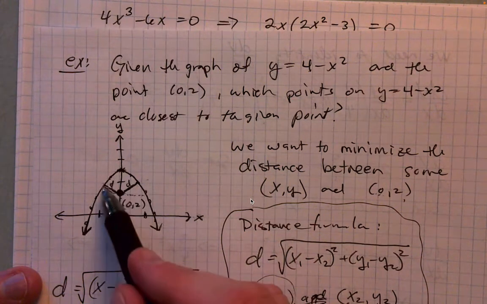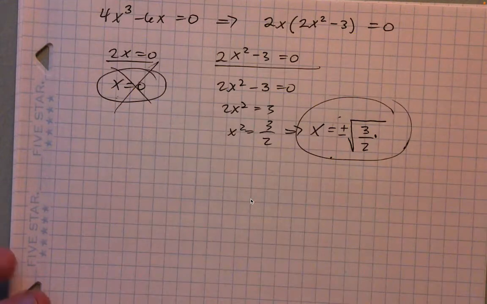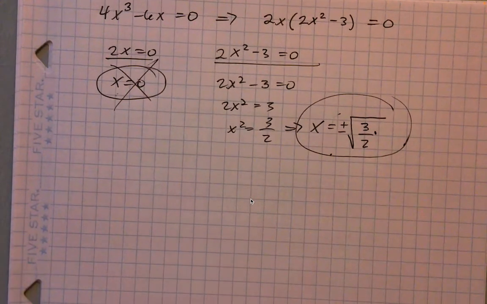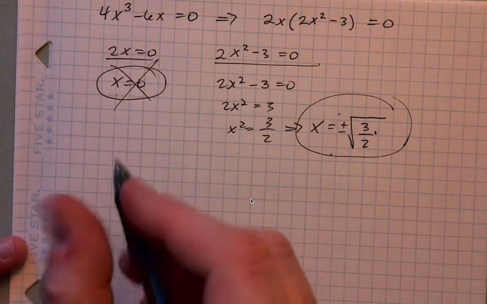And so they're both going to be minimums. They're going to be equivalent, right? And so we can use them to identify the points on the graph that produce the minimum distance. And that's just a simple matter of plugging them into the formula.